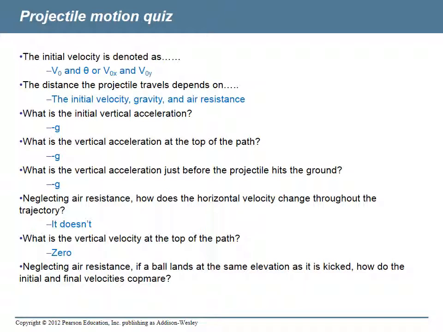So as long as we kick it at the same height at which it lands, the x component doesn't change, and the y component was positive, and then it becomes negative, right? So they're going to be negative of each other. Actually, this is just the y component. So the y component of the final velocity is the negative of the y component of the initial velocity.